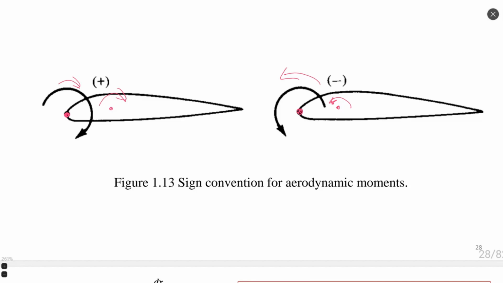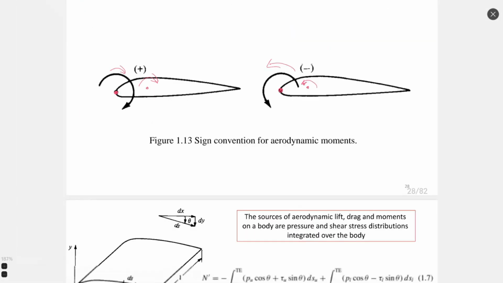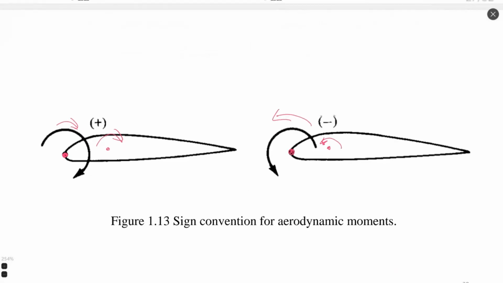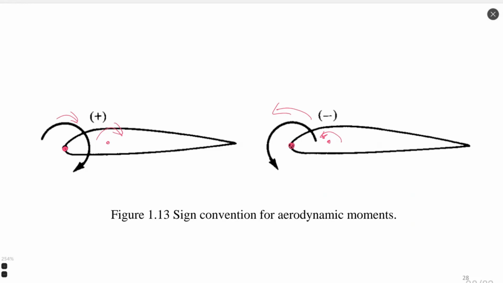Usually it's like this, but maybe different. It is always good to pay attention to this and to understand the sign convention for one or another reference publication. If you're using American literature, you can expect this sign convention.